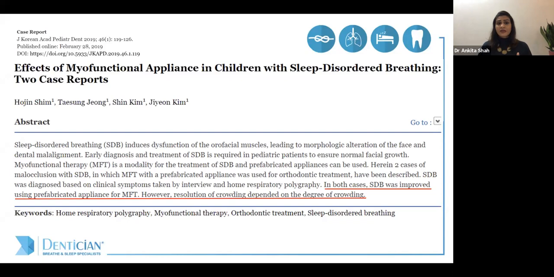So definitely prefabricated myofunctional appliances will work for SDB, but I also want you to understand that there are certain limitations of these appliances, and we should understand what the limitations are and where we can use other appliances, how we can work on airway orthodontics together with a lot of thought processes.